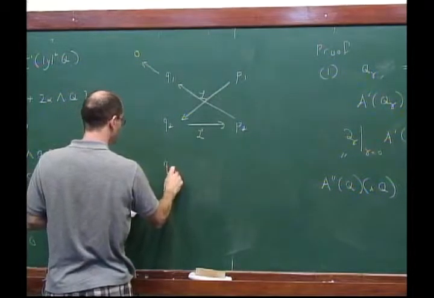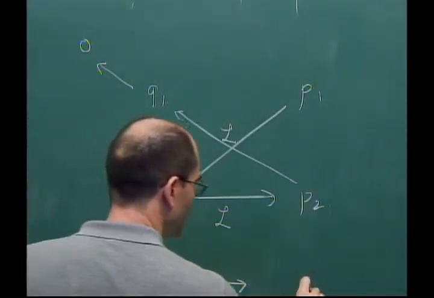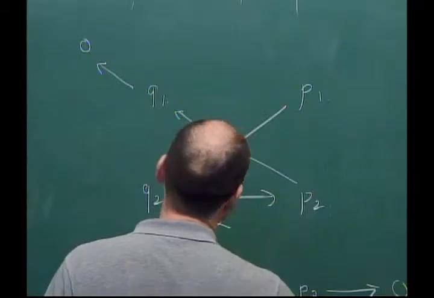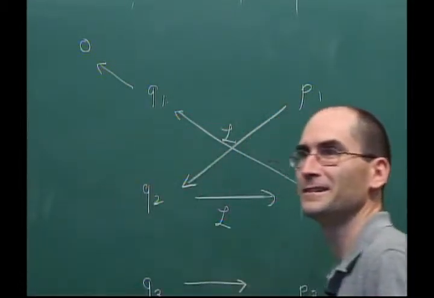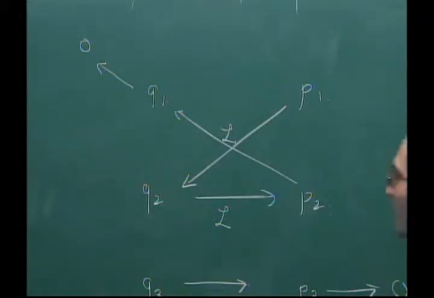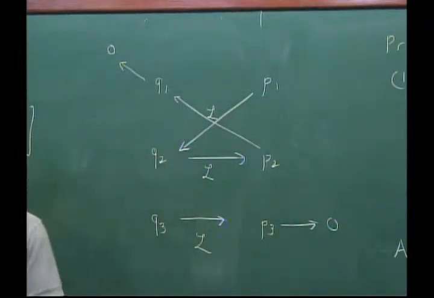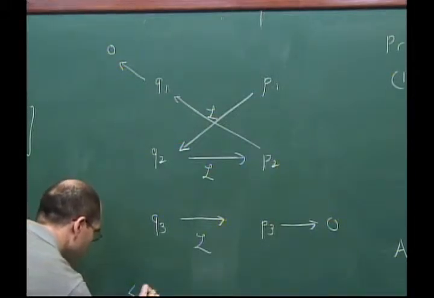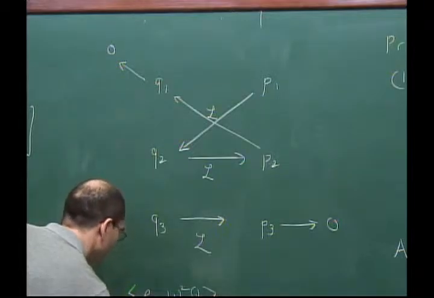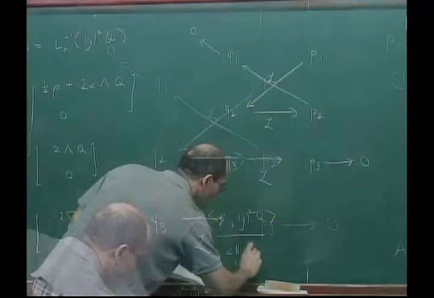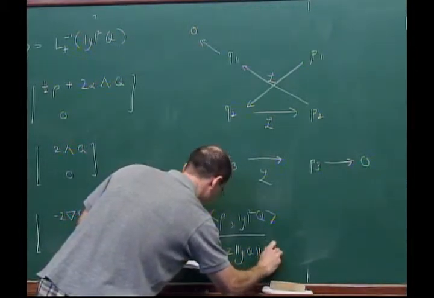And then Q3 maps to P3, which maps to 0. And alpha is just a special number, which, if you're curious, is rho, y squared Q over 2 the L2 norm of y Q squared.